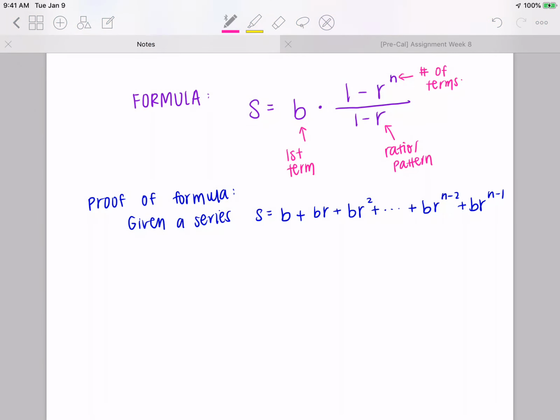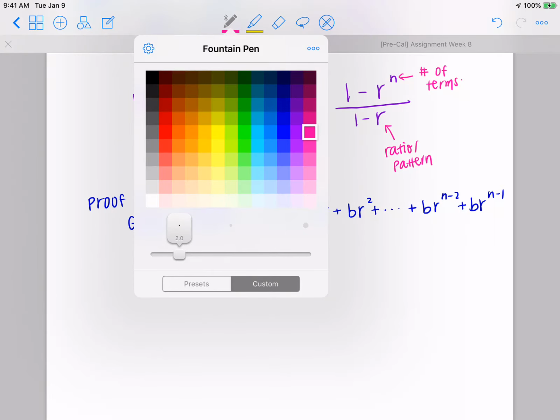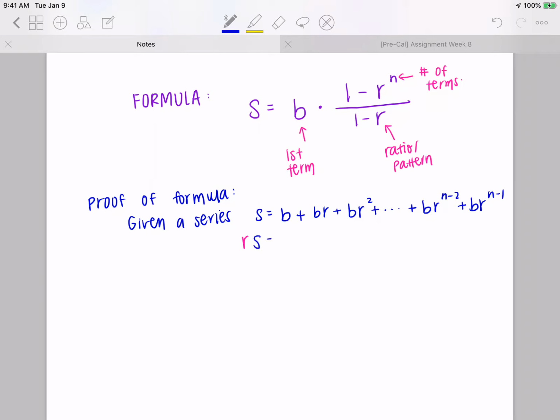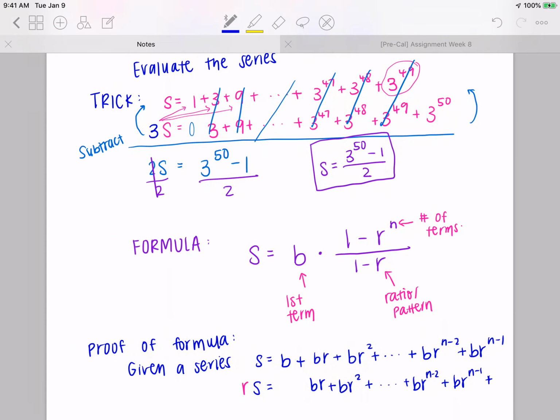And if I multiply this whole entire series by R, R times S, then we're still going to have B times R, which is BR, plus BR squared plus dot dot dot plus BR to the n minus 2 plus BR to the n minus 1 plus the last number, which is like up here, the 3 to the 50.